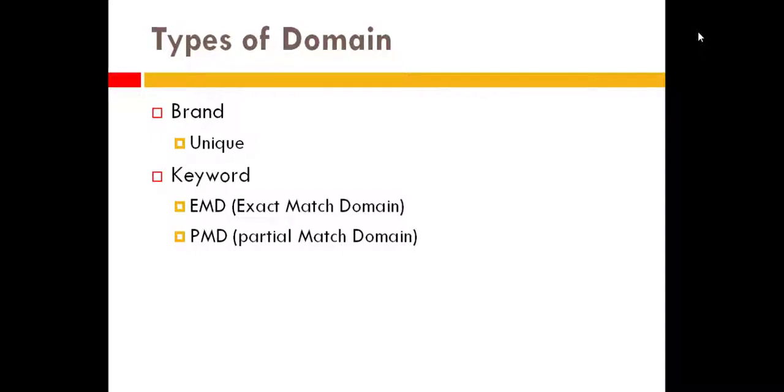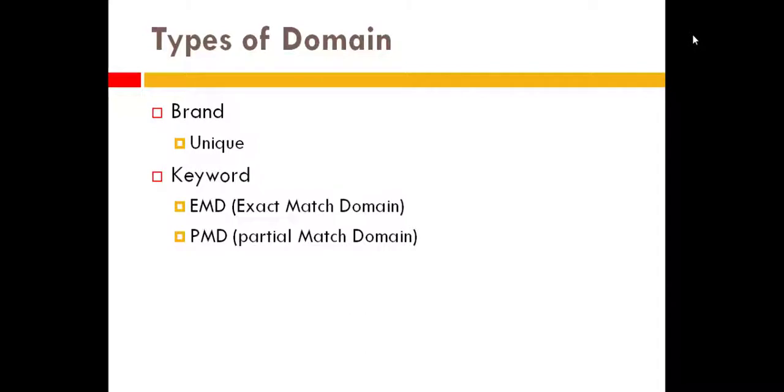You name it cake.com. When you name it cake.com, it is an exact match domain name. But the other way around, if you name it esterscake.com, it's no longer an exact match domain name, but rather a partial match domain name.